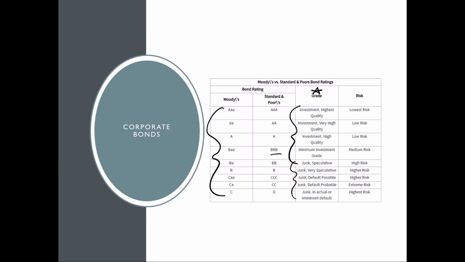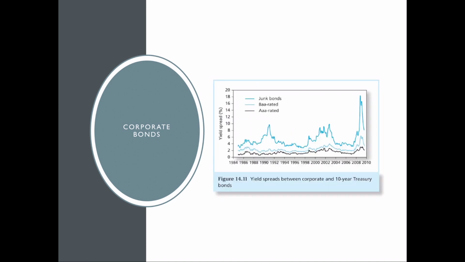Why do you think they're called high yield? Well, if they have higher risk, they have higher yields. That risk-return trade-off, keep in mind. If you're going to take on the risk of higher default probabilities, you're going to receive higher returns. Looking at the different yield spreads between your junk bonds, your minimum rated investment grade bonds, and then AAA rated, which is like your Treasury securities.